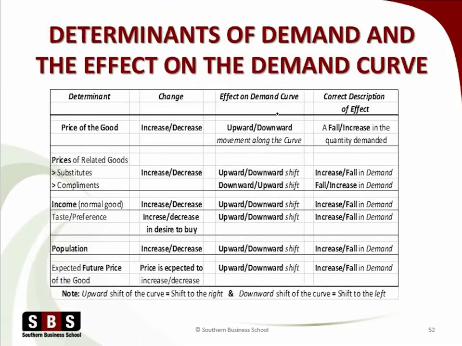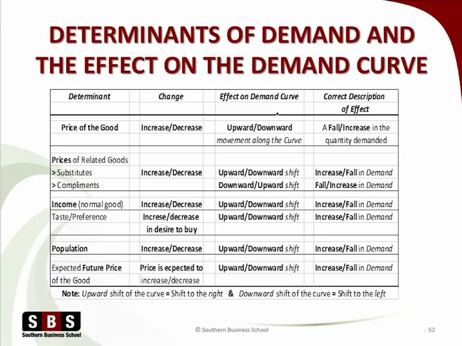If we go back to the previous table, the only thing that causes a movement along the curve is a change in the price of a good. So the correct description is a fall or increase in the quantity demanded, and it's an upward or downward movement of the demand curve, depending if the price rises or falls. So understand this table, and you'll be okay.